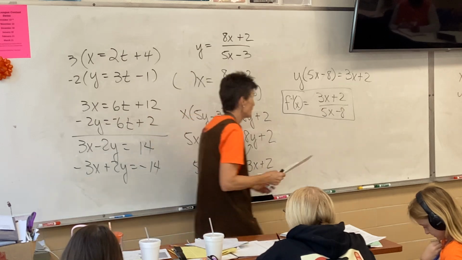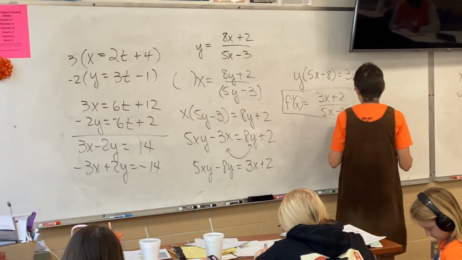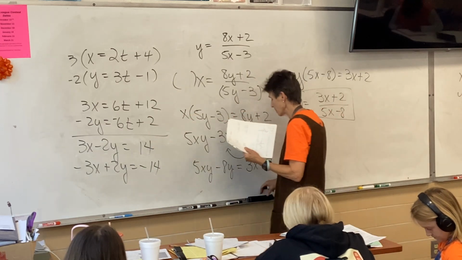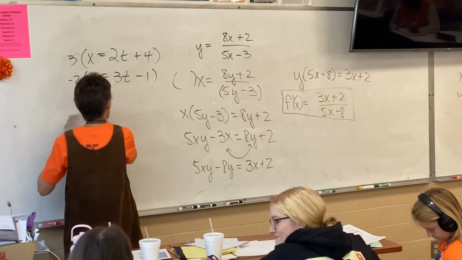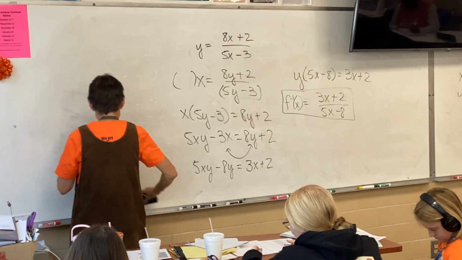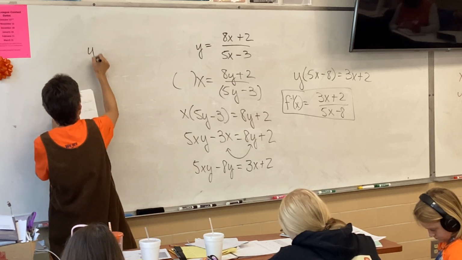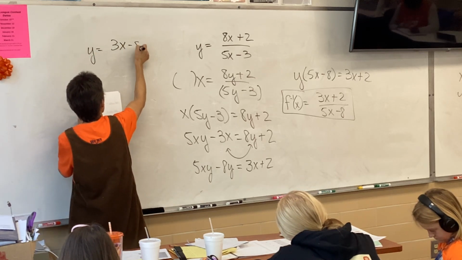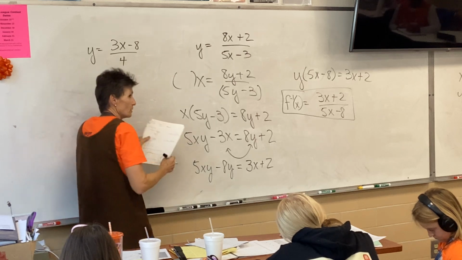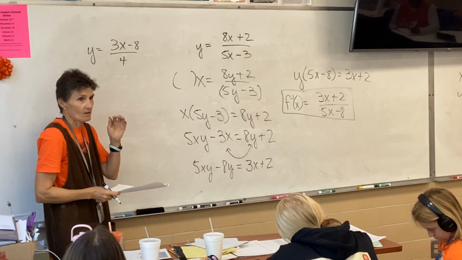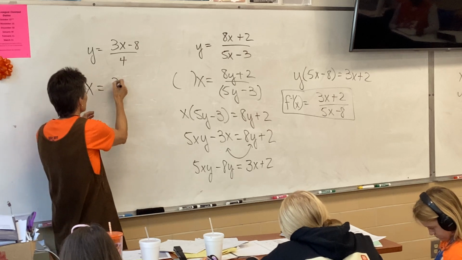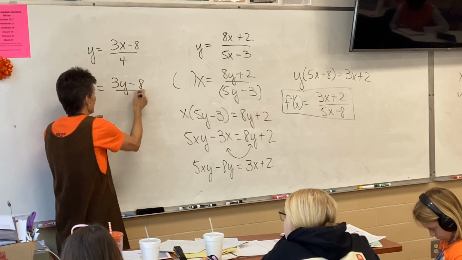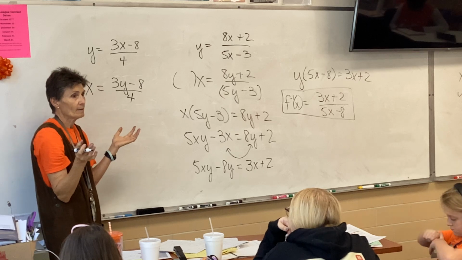All right, Jordan wants to go ahead and do part A. Since we have time, we might as well. So part A, this one confuse you? This one's easier. Because when I switch the variables, can I just start solving for y?